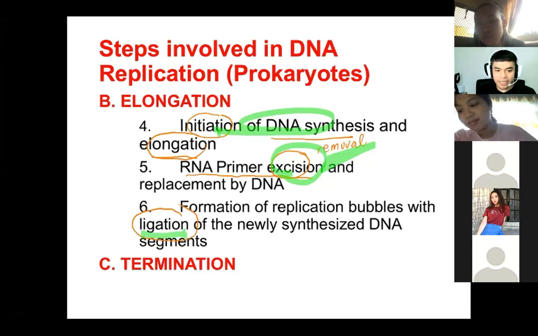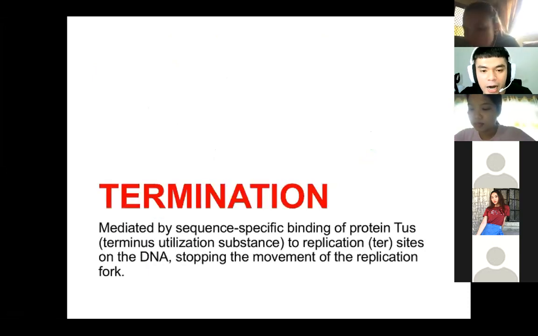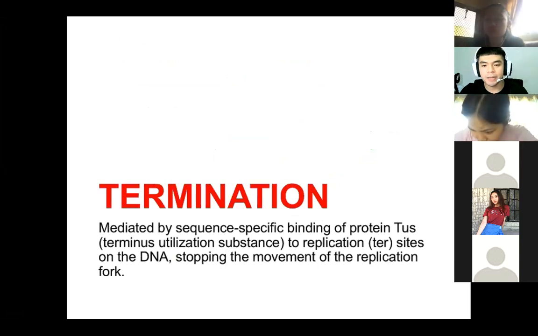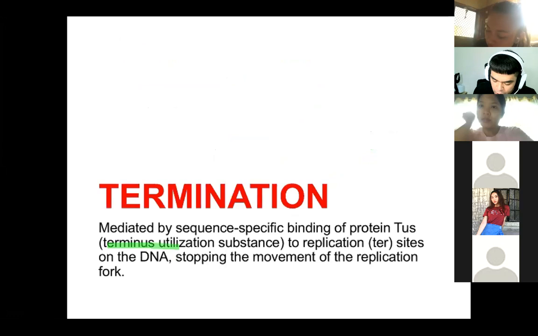And then finally, we have termination. So in termination, this simply means it marks the end of DNA replication process. This is mediated by sequence-specific binding of terminus utilization substance to the replication sites, thus stopping the movement of the replication fork.